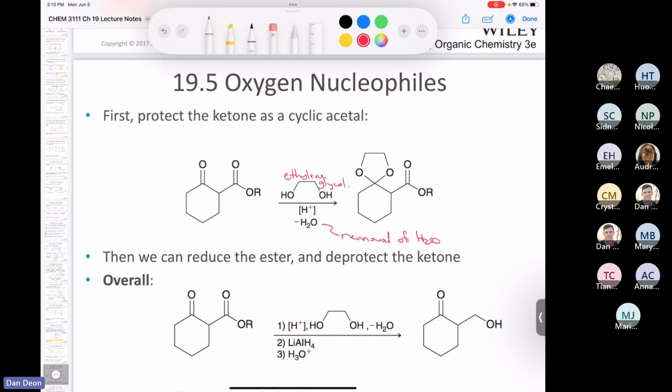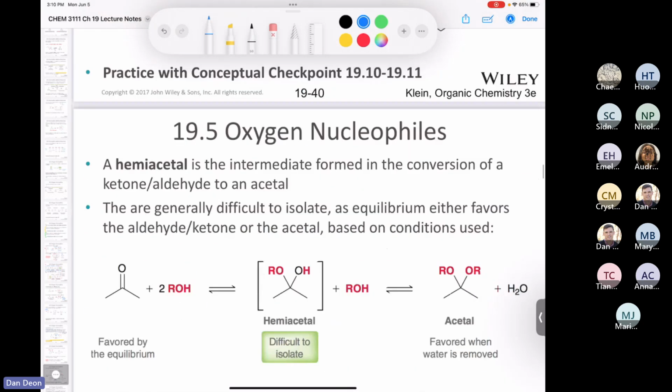And so then all we'd have to do is treat it with lithium aluminum hydride that would reduce the ester. And then the acid at the very end is going to protonate or do the workup for the reduction, but it's also going to remove the acetal at the same time. It's going to do both things. So it's kind of like a double whammy at the end, like a double-edged sword, if you want to use that. All right, there we go. So let's move on from there.